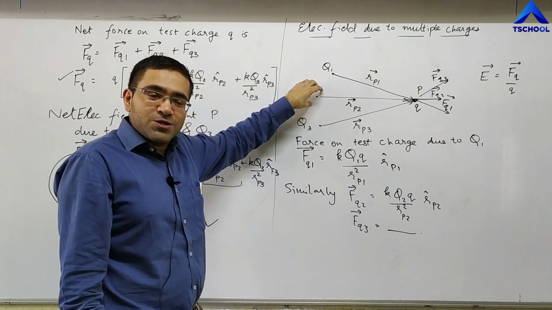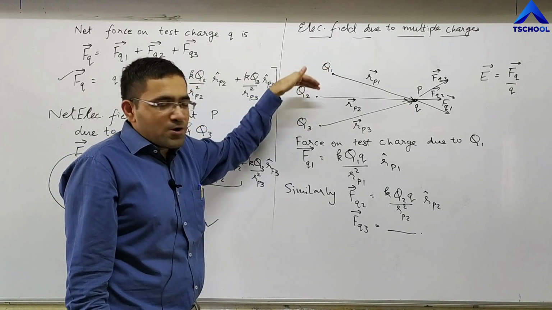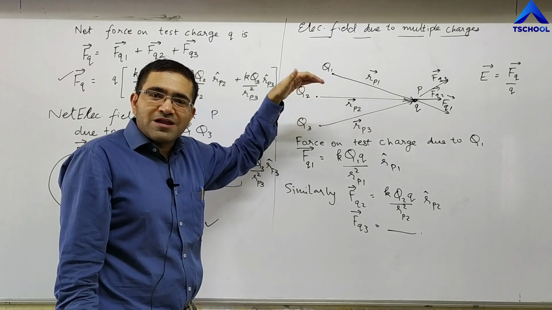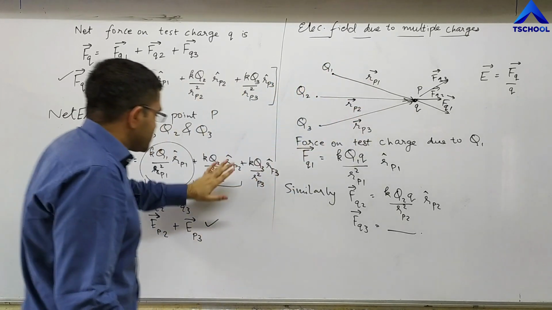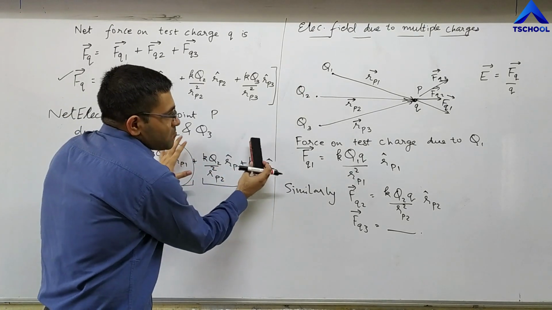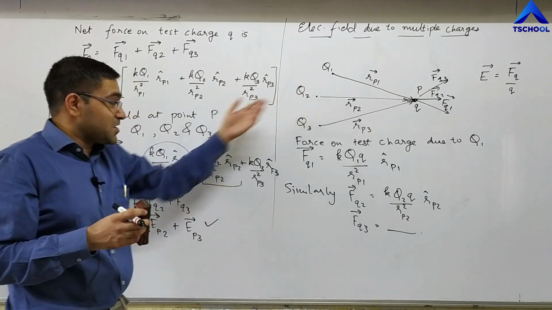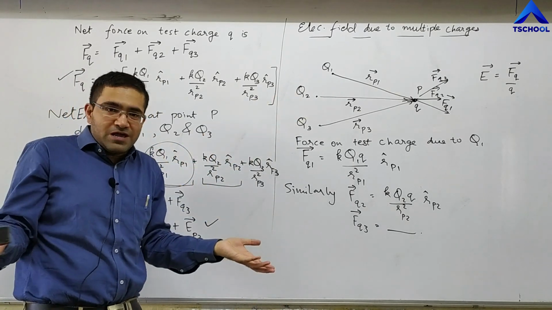But because there's a second charge, the first charge doesn't bother whether there is a second or not. The electric field created by the first charge still remains the same. And similarly, the second charge doesn't bother whether there is charge 1 or charge 3. The electric field created by the second charge does not depend on anything else, right?